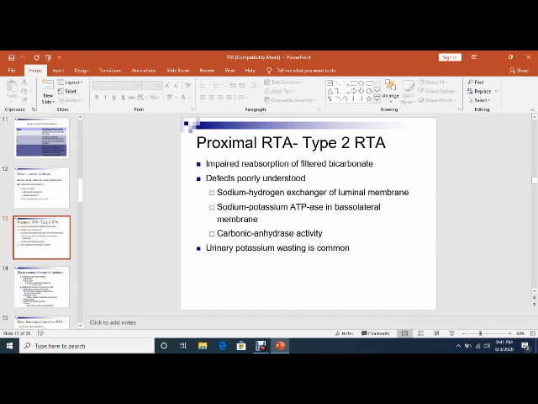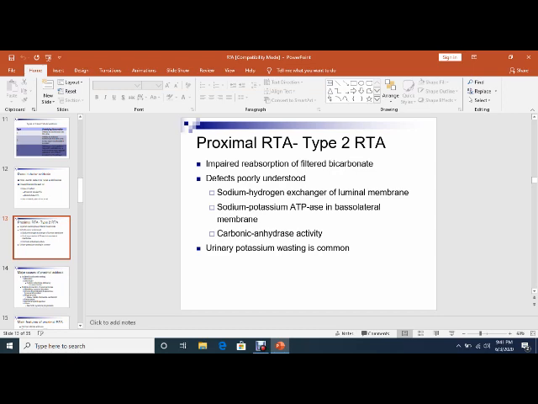So type 2, or proximal renal tubular acidosis, is one in which impaired reabsorption of filtered bicarbonate takes place. So where is the defect?